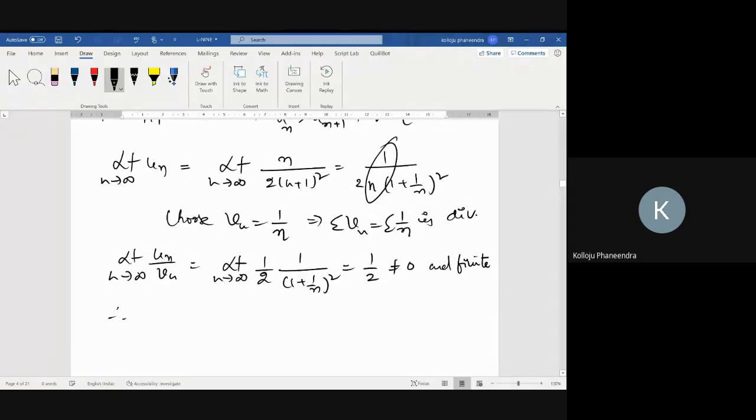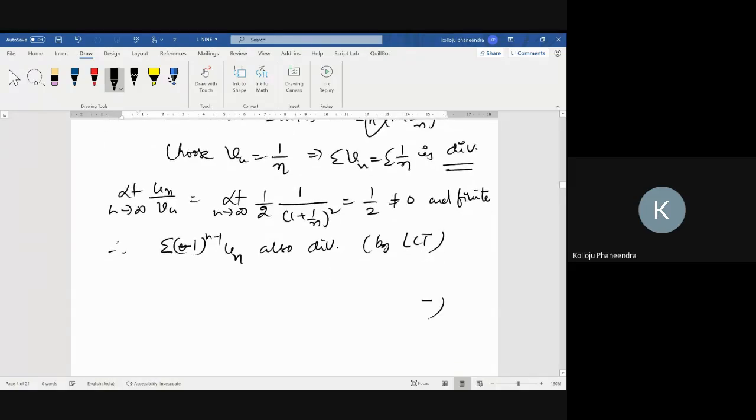Therefore, sigma un, the series, what is the series? Therefore, this is divergent, and therefore sigma minus 1 whole power n minus 1 un also divergent by LCT. By LCT, right? What is this one?